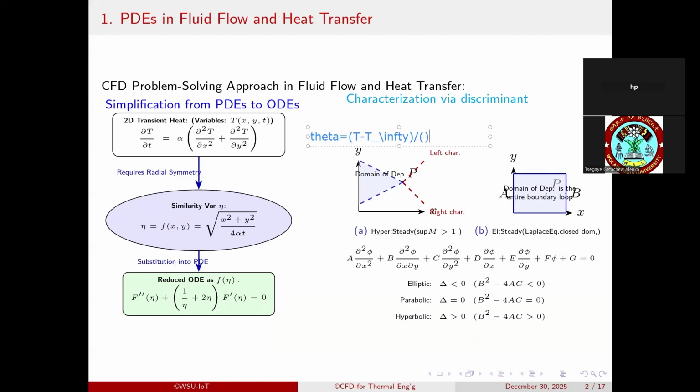Simplification or ordinary differential transformation techniques have limited applications. The second widely applied technique in CFD is characterization using discriminants.